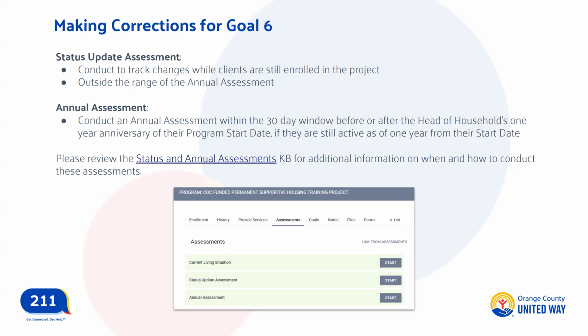So it'll be 1 year after their anniversary of their project start date. So if there are members that join the project at a later time, when annual assessments are due, it's going to be based off of the head of household. So for agencies that do have to run the APR, the annual assessment is based off of the head of household project start date.